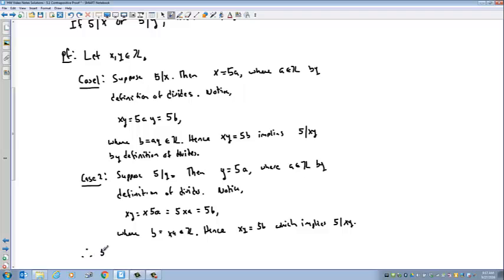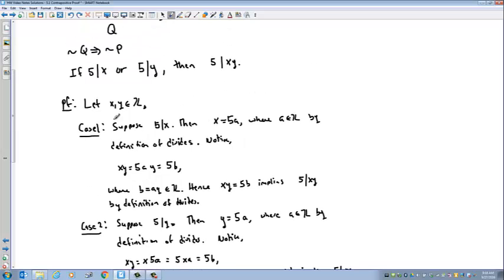Therefore, 5 divides xy. If you want to write an additional statement like "by case 1 and case 2," you could, but it's not necessary, really. And so that completes this proof by contrapositive.